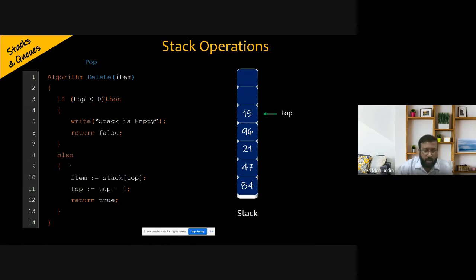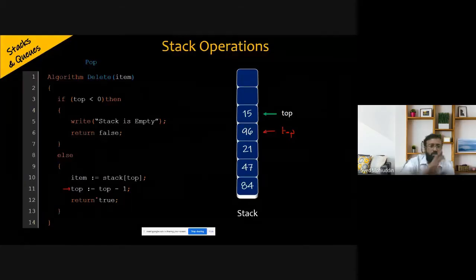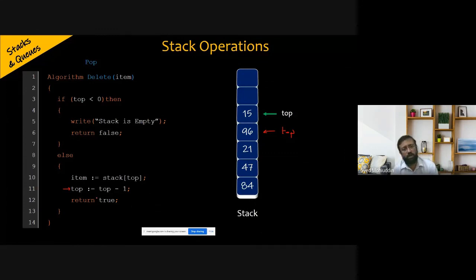If not, then stack of top, what is top pointing to? 15 is retrieved into an item. Then top will now be pointing to this at this step. Then we return true, that is, the element is deleted. So this is how your delete function or pop operation works for stacks.